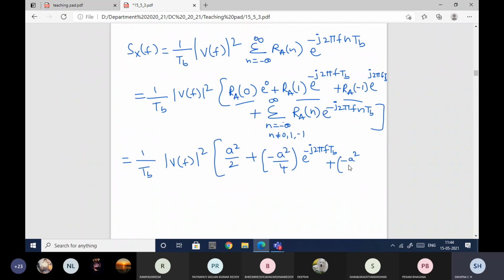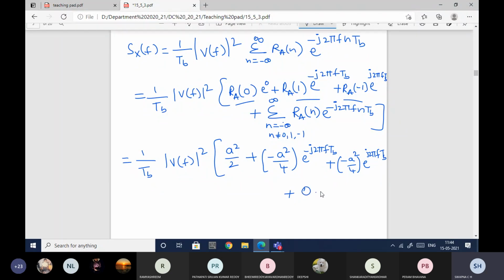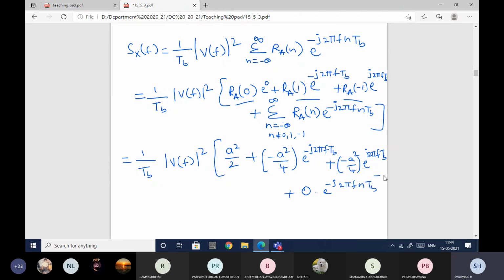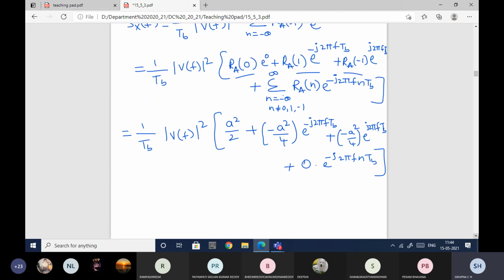It will be minus a square by 4 e power j 2 pi f tb, plus array of n value for n greater than 1 is 0, 0 into e power minus j 2 pi f n tb. Okay, so I'll rewrite this.